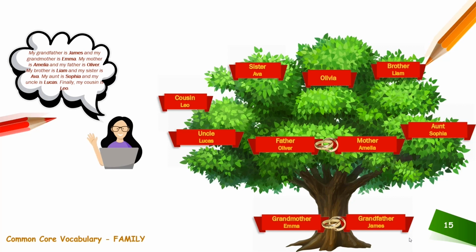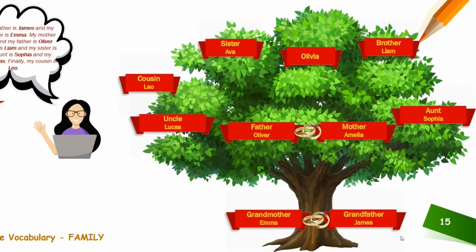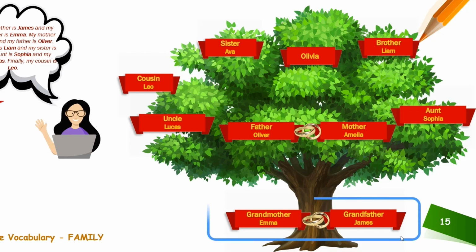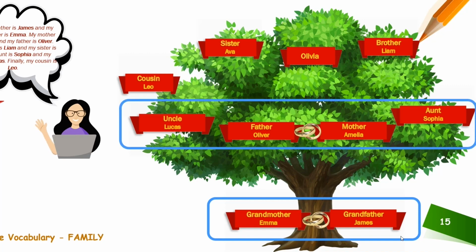Now, if you notice, in every family tree, we have almost 3 sections. The first one is grandmother and grandfather, and it is located next to the roots of the tree. And we have the second section, in which there are parents, aunts, and uncles, and it is in the middle of the tree.